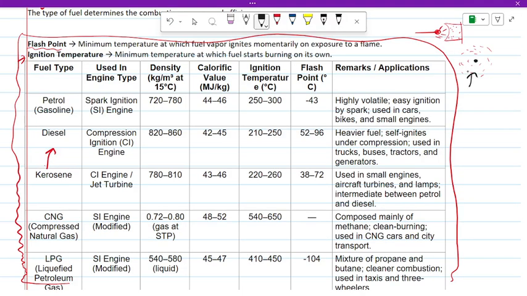That point is known as ignition temperature. So obviously the flash point is lower than the ignition temperature.